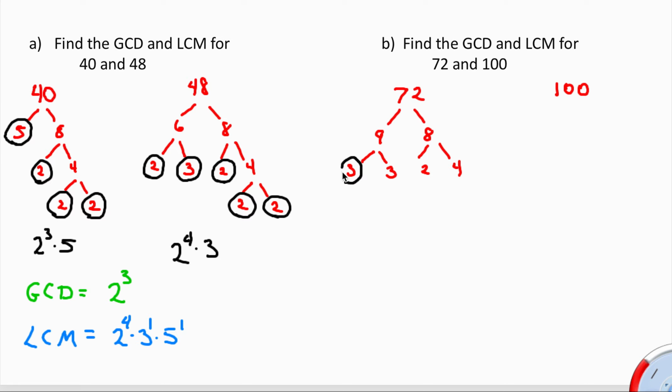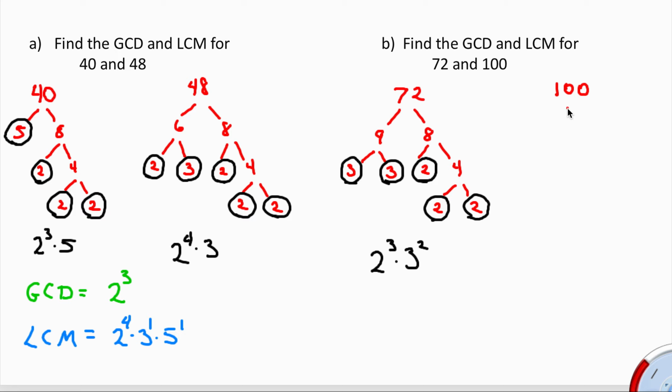Okay, well, these are ending right there, but 4 is continuing. 2 times 2. All right, so we've got 3 2s and 2 3s.